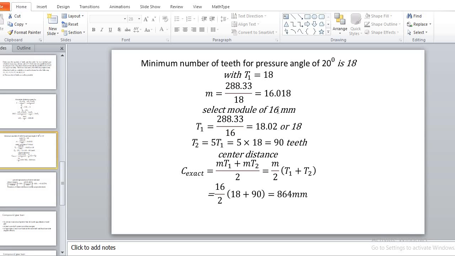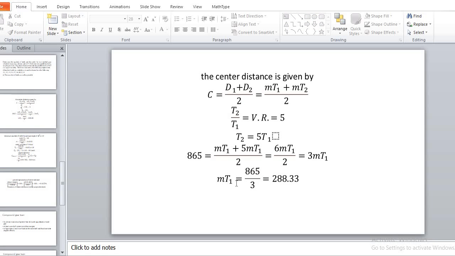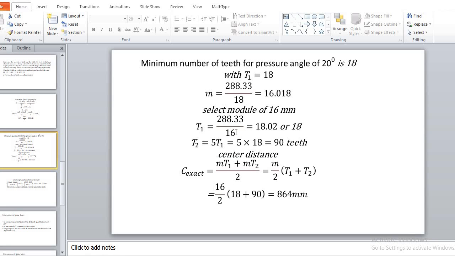Now with this 16 mm module, we put it again into the previous equation: T1 is equal to 288 divided by m, now 16, so it becomes 18.02. This is approximated as 18. T2 in terms of T1 is 5 T1, so T2 now comes as 90 teeth.